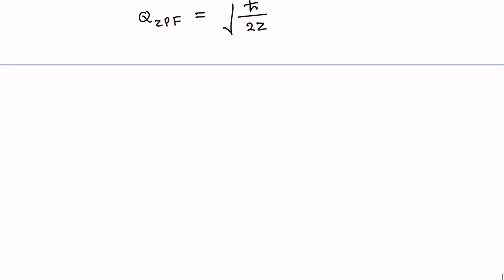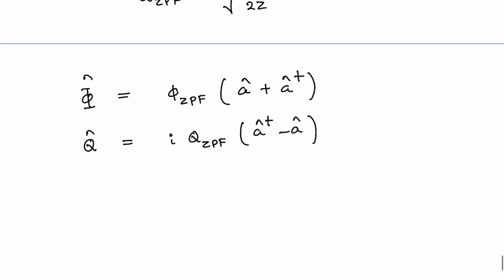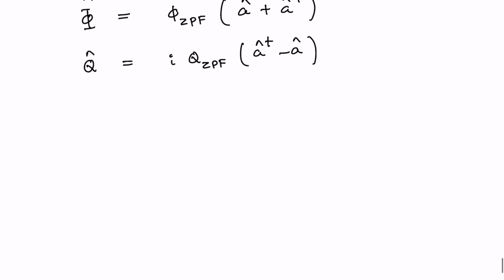So let me write it once again. The magnetic flux operator in terms of the creation and annihilation operators is simply phi ZPF times A plus A dagger, and the charge operator Q is equal to I, the zero-point fluctuation of the charge, times A dagger minus A. So with these I can immediately write my Hamiltonian in the usual form.